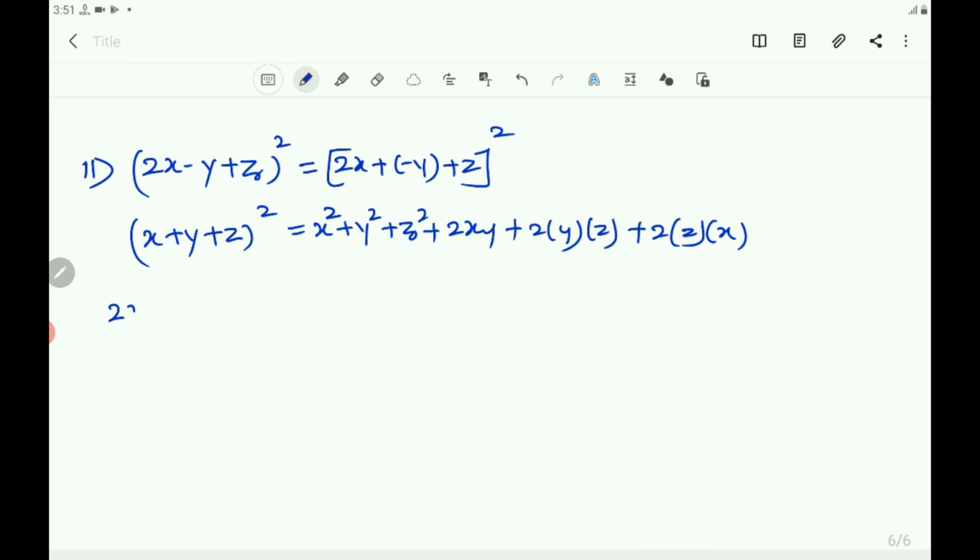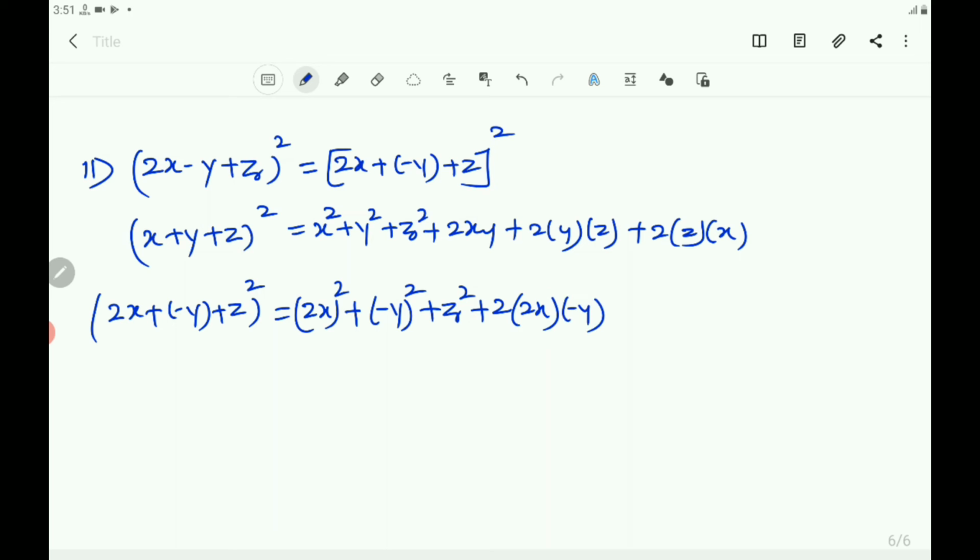Then you write (2x + (−y) + z)² equals (2x)², (−y)² plus z² only, plus 2 into first term 2x into second term −y, plus 2 into second term −y into third term z, plus the last term is 2 into third term z into first term 2x.